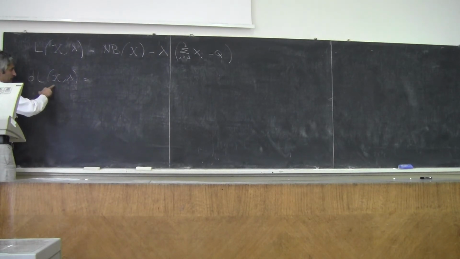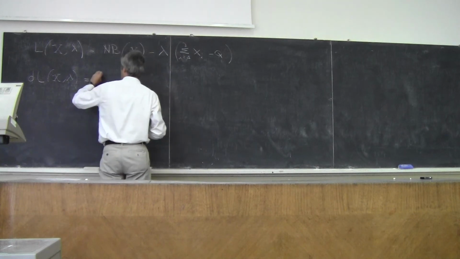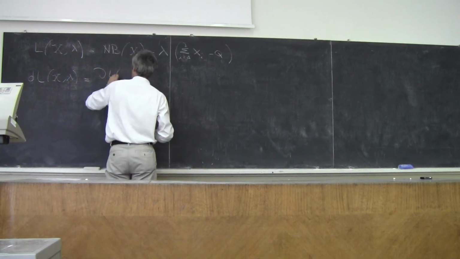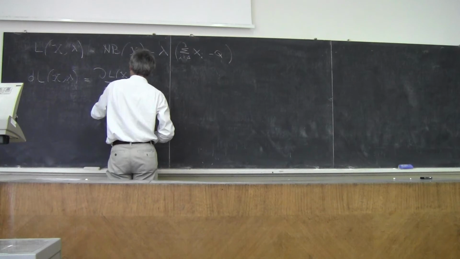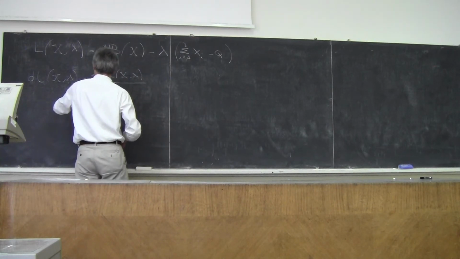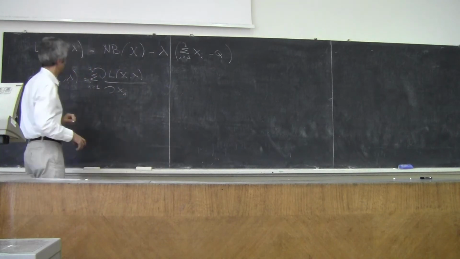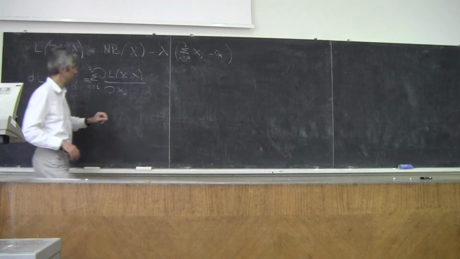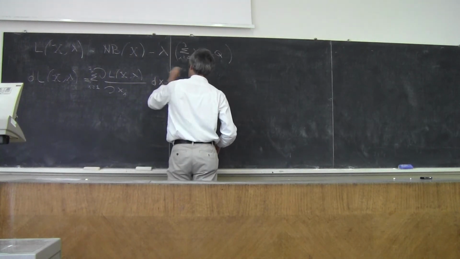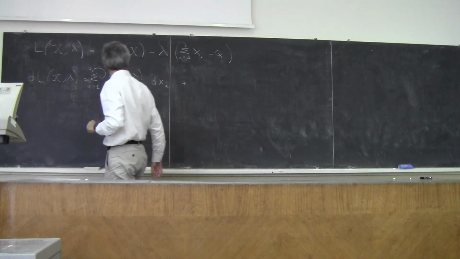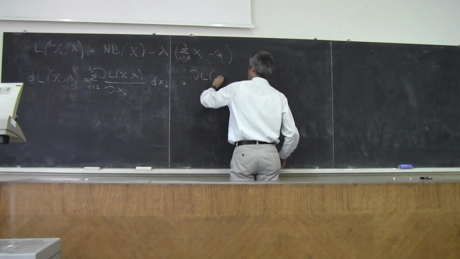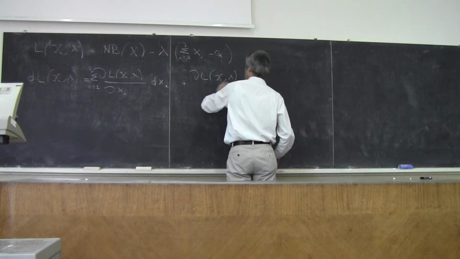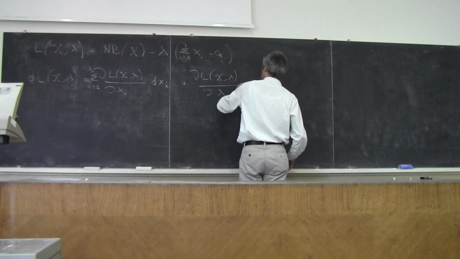First of all, L depends on x and lambda, so to compute dL, I have to compute the partial derivative of L(x, lambda) with respect to xi, summed for i equal 1 to 3, times dxi, plus the partial derivative of L(x, lambda) with respect to lambda times d lambda.